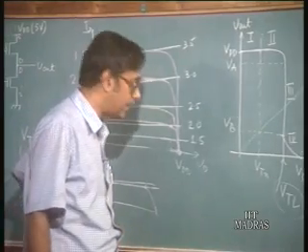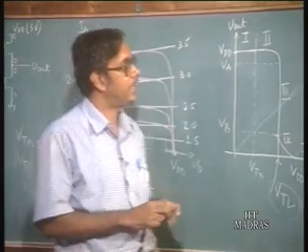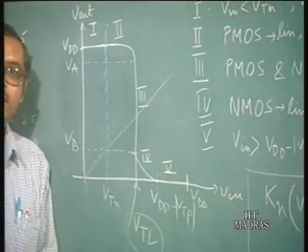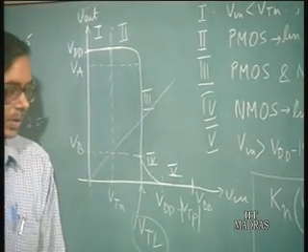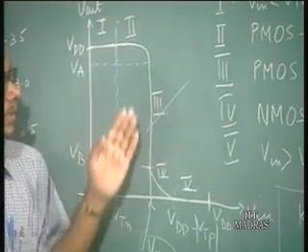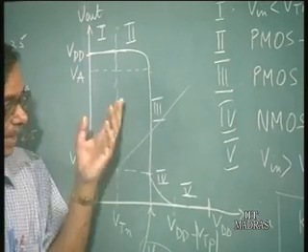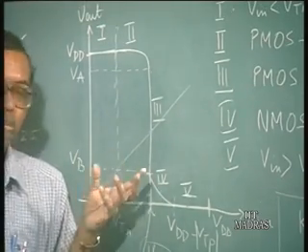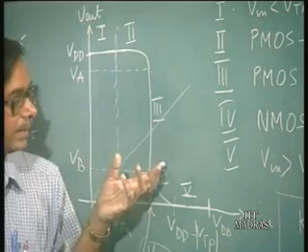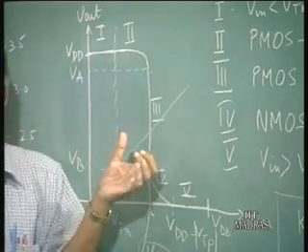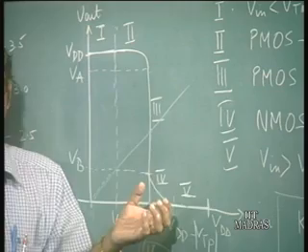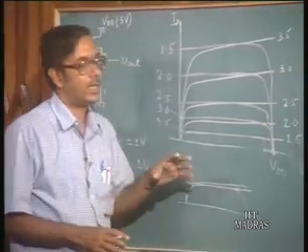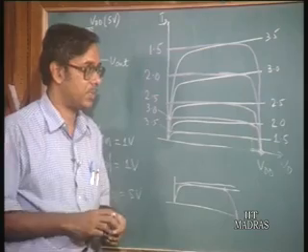But in the other regions, say regions 2, 3, 4, there is going to be a current flowing, and the transistors will be in these regions only when the output is changing from one state to the other, that is, in the transition from one state to the other. Otherwise, there is no power dissipation.